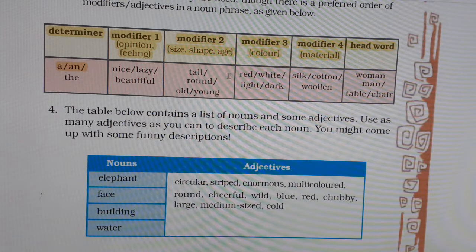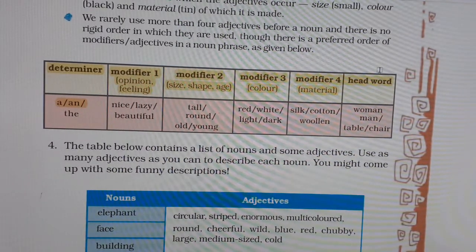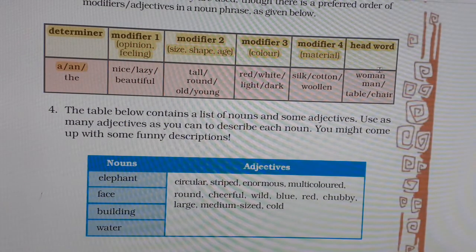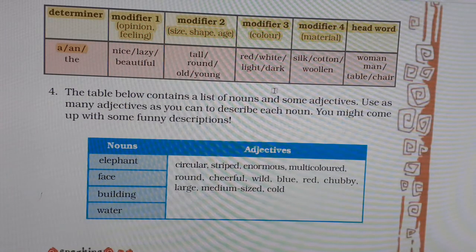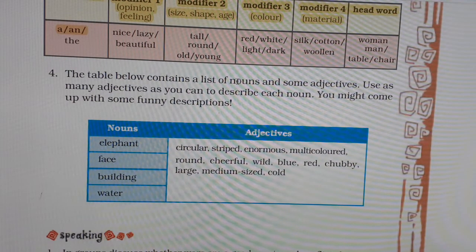You may use your own also. So this is a preferred sequence, and I'll suggest you go through this sequence only, so that it will make your description more meaningful and appropriate.